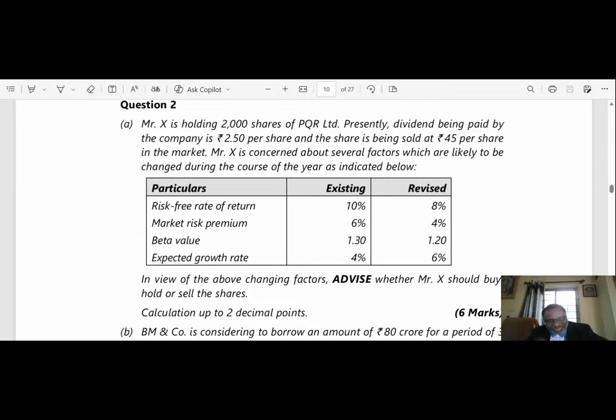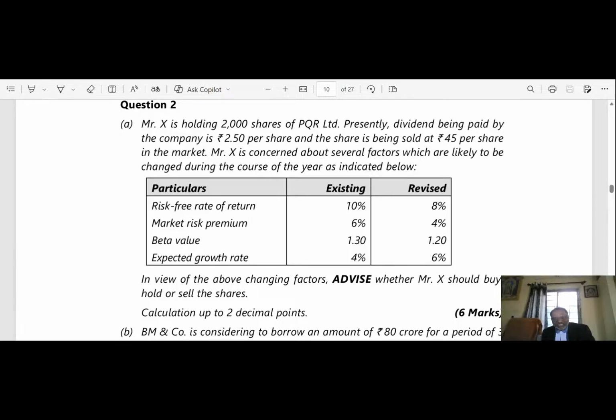Without interpreting, your brain directly computed, so we got a bad answer. My dear friend, understand, read the question properly. The way of reading the question itself is an art. What mistake did I make? RM minus RF I computed.